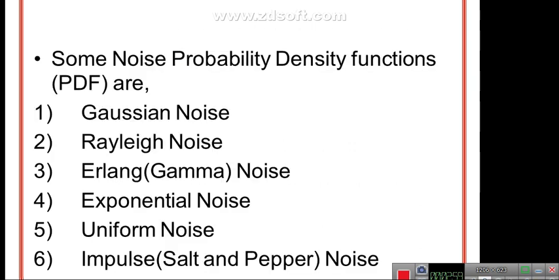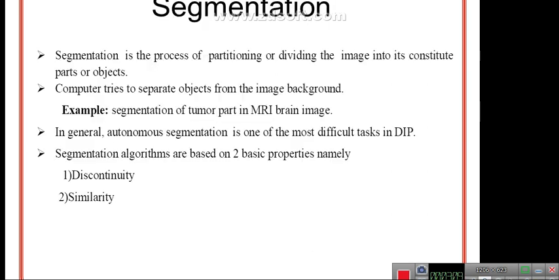Some noise probability density functions are Gaussian noise, Rayleigh noise, Erlang or gamma noise, exponential noise, uniform noise, and impulse noise, which is salt and pepper noise. Using restoration techniques, we are able to recover the original image from the degraded image.